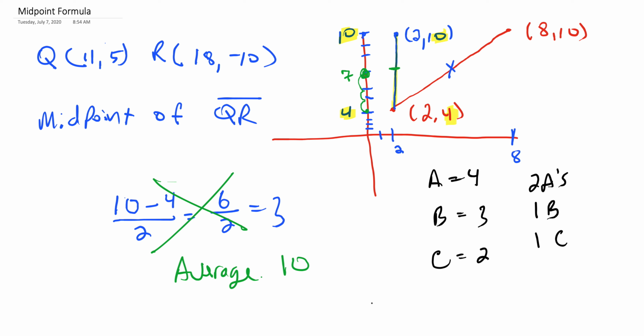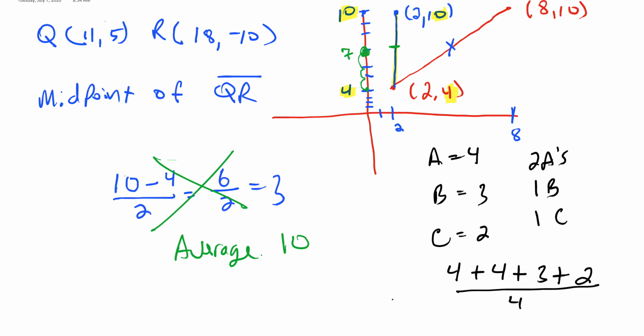How many total grades do we have? 4 grades. So 4 plus 4 plus 3 plus 2, divided by the total number of classes, which is 4.